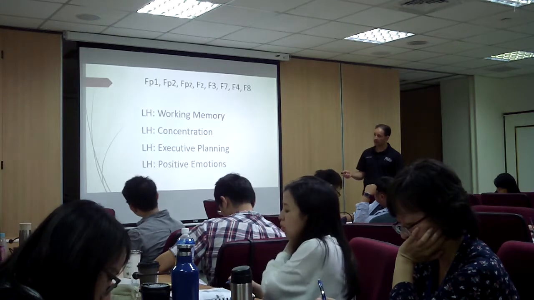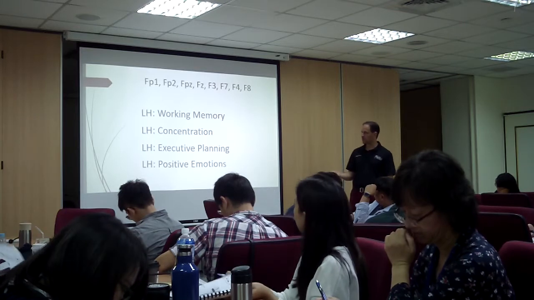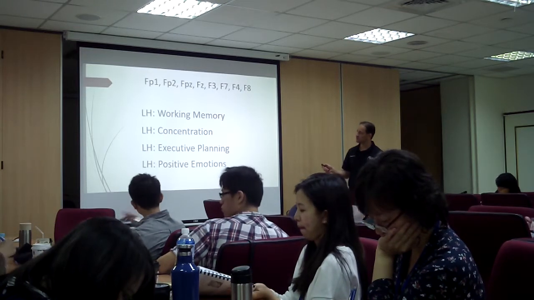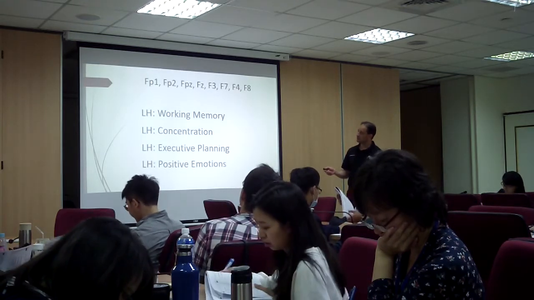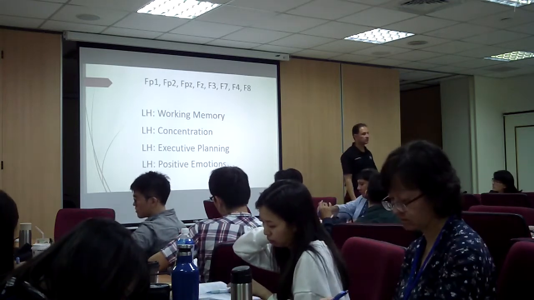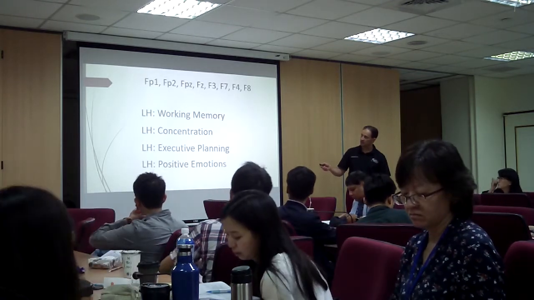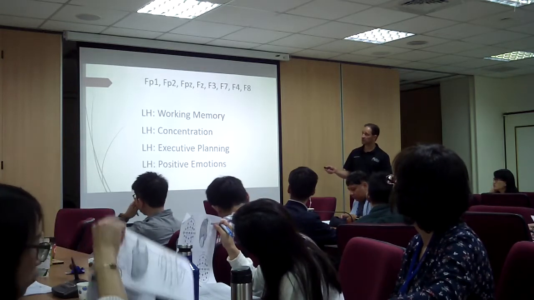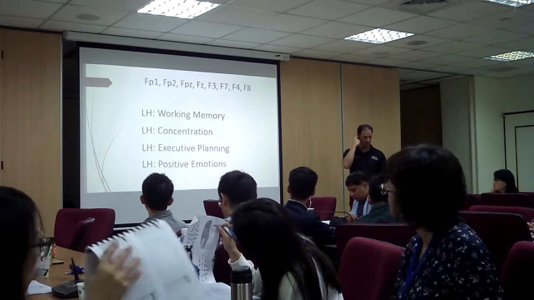Now, LH means left hemisphere, and RH, right hemisphere. Okay, so we have our frontal cortex and prefrontal cortex. FP1, F3, and F7 are going to be your left hemisphere, right? Odd numbers are the left hemisphere. Even numbers are the right hemisphere.